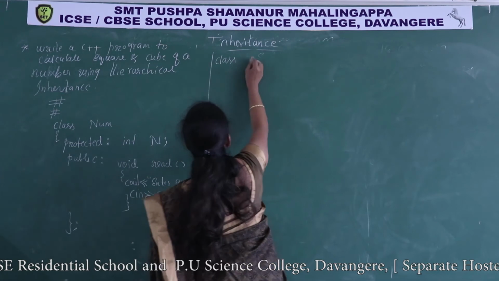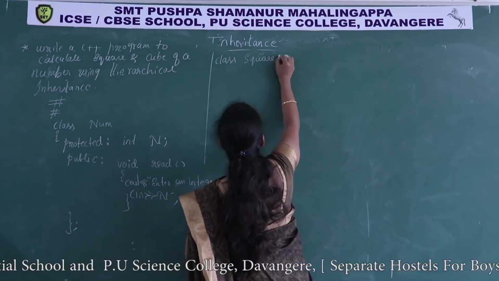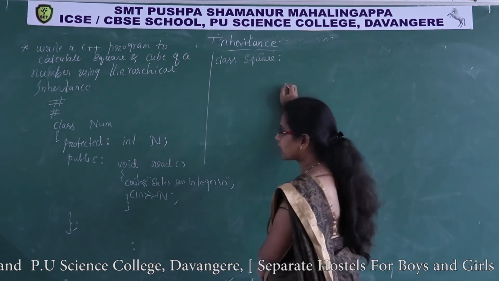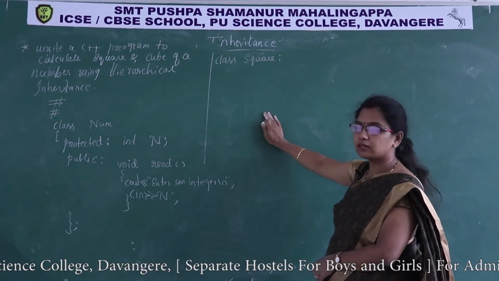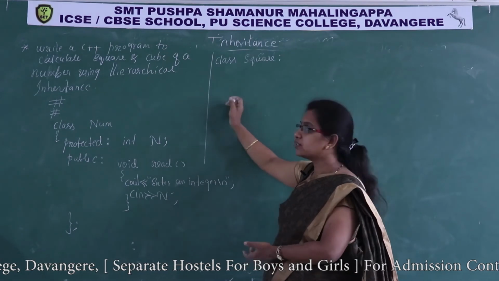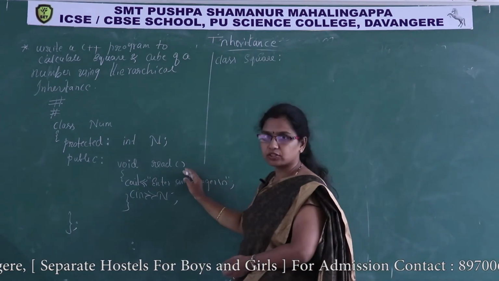Class square colon. For these two classes, I have to take one more class to calculate cube. I'll take two subclasses, one is square, another one is cube, and these two classes require a number. So instead of taking a number again, I can make use of this function.